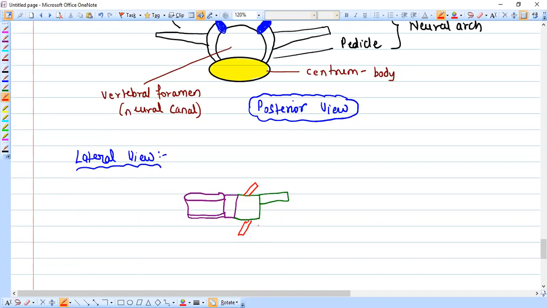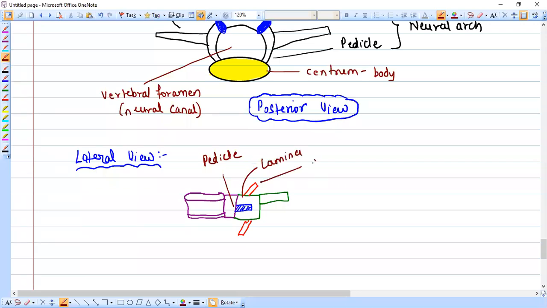So these are all different processes that we need to study, and we draw one transverse process. So how to do the labeling? This is the side view basically. So here what you can see is the pedicel. This part that you can see is the floor, that is called lamina.